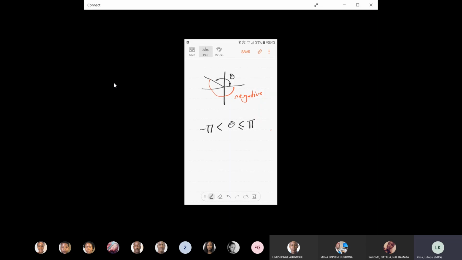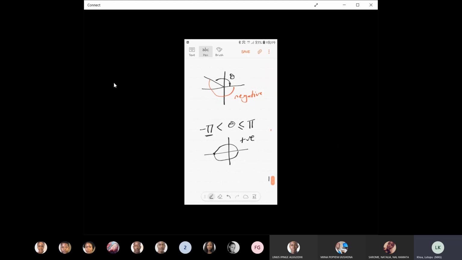What that means is if it lies here, and you have the option of measuring it this way or that way, you can see that they are equal. In this case, you must take the positive one. So if you have the option of choosing either minus pi or pi, you must choose positive pi. You do not choose negative pi over positive pi.